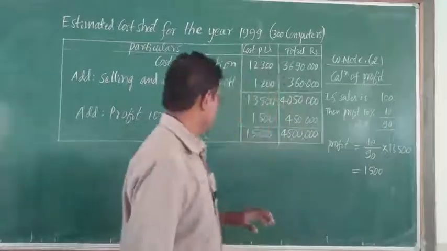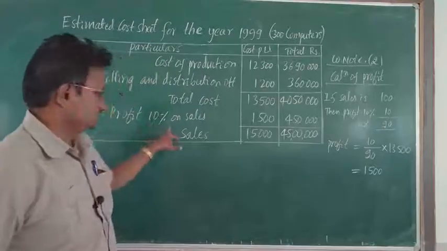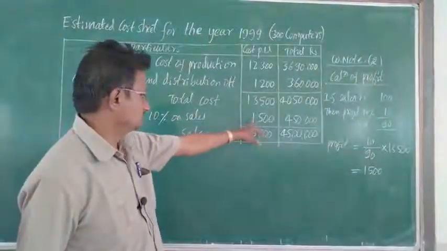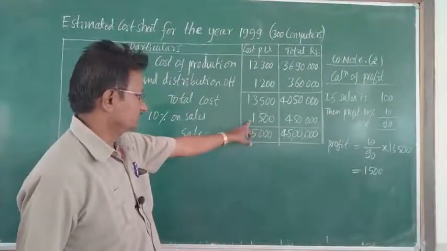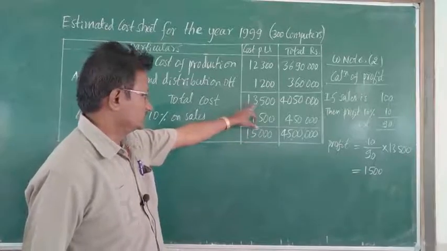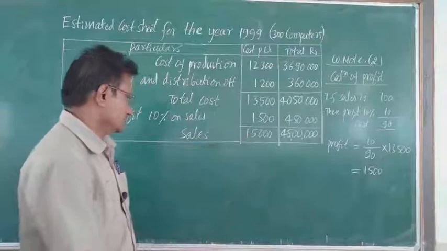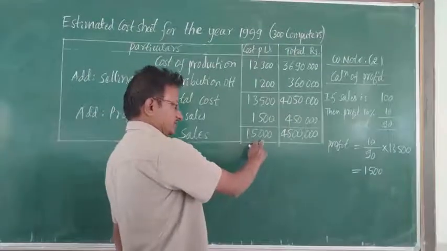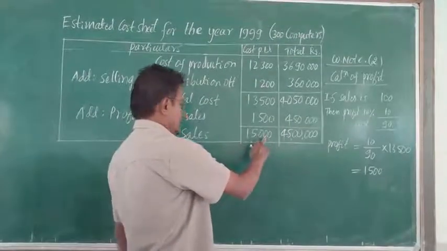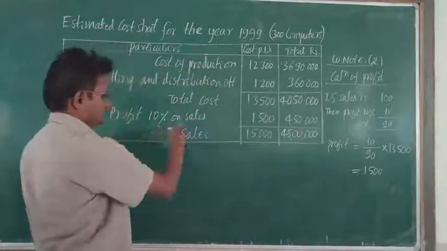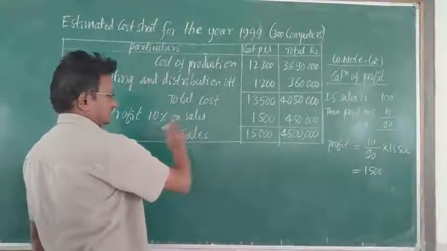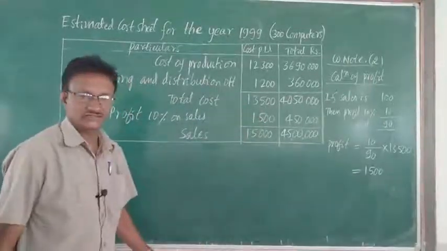So profit is 1,500, and the total 13,500 plus 1,500 is equal to 15,000. So sales is 15,000, and 15,000 into 10% is equal to 1,500.